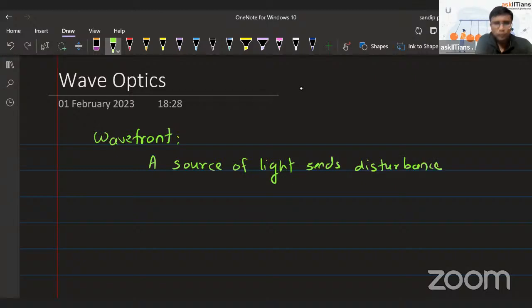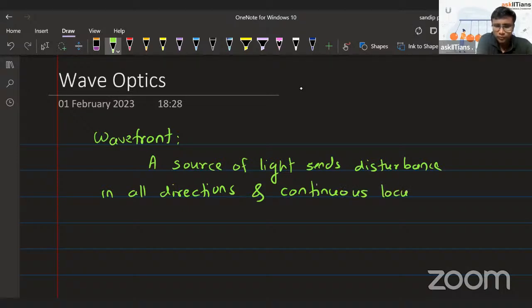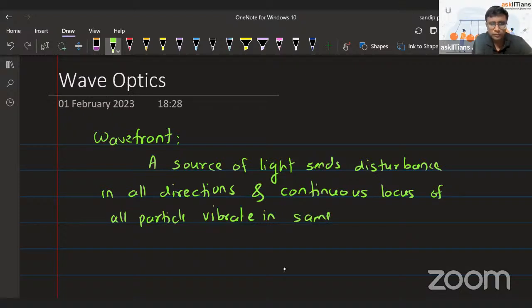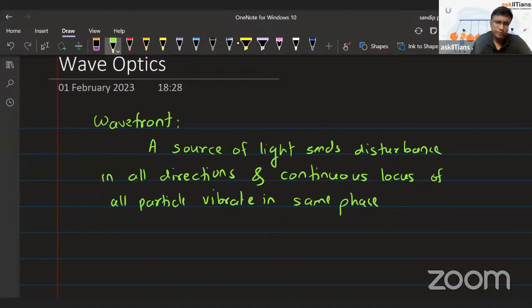In all directions, and continuous locus of all particles vibrating in the same phase at any instant.